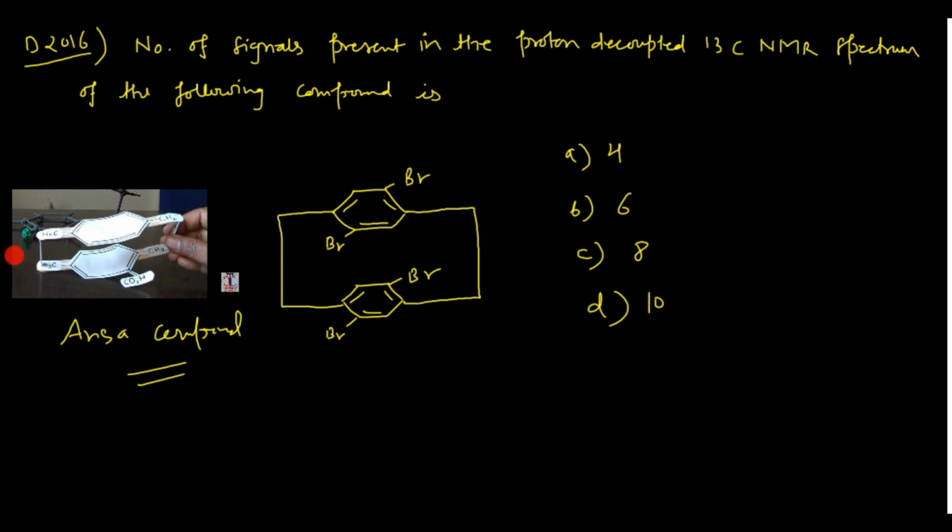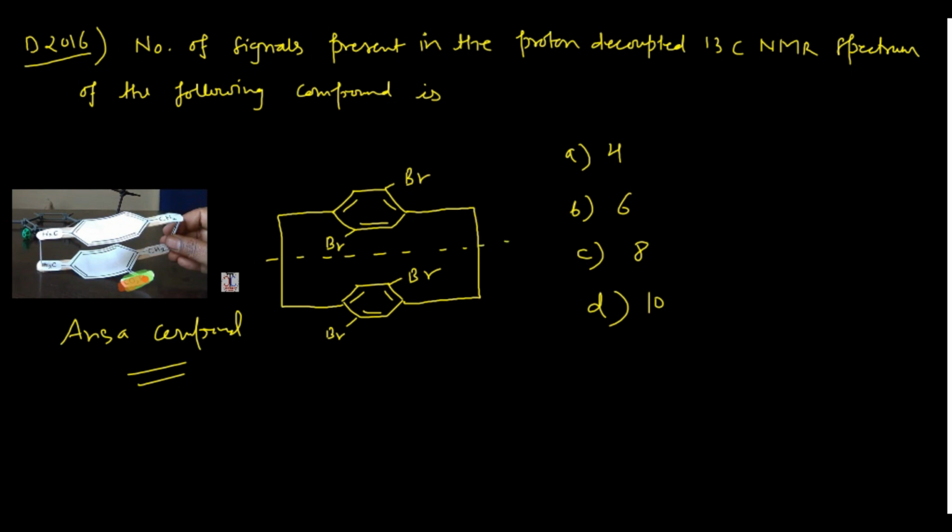And here you see this is the plane of symmetry. If you forget about this CO2CH group, say it is not there, then in that case this is the plane of symmetry.